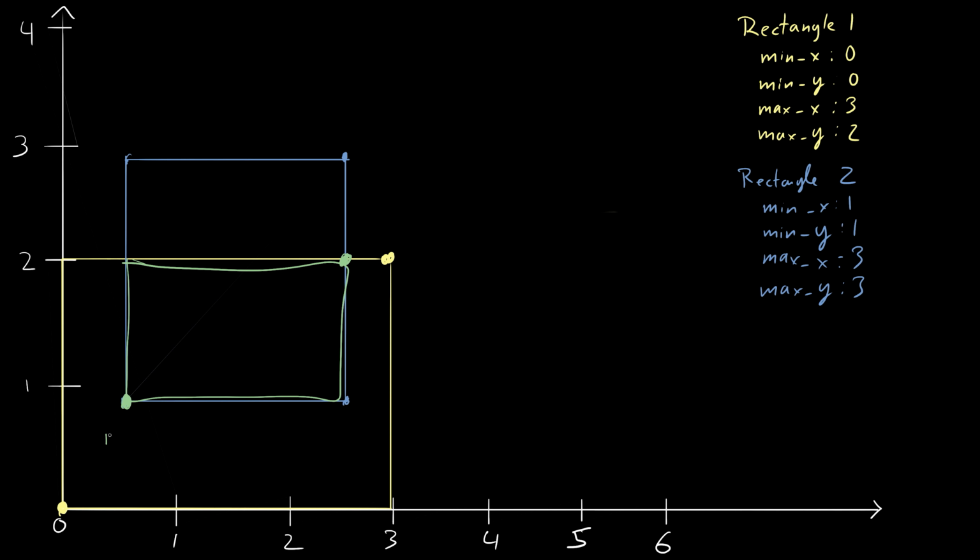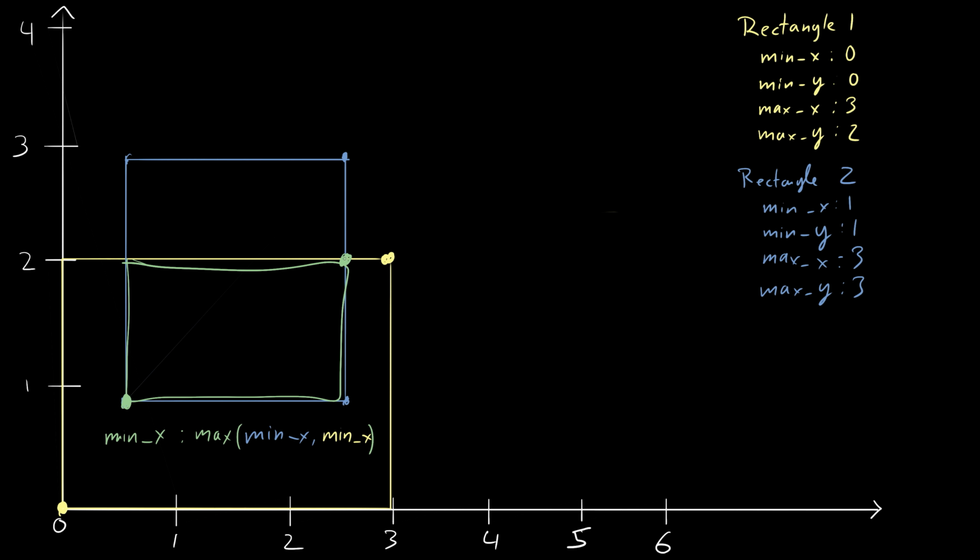The min x would be the maximum of the min x of the blue rectangle and the min x of the yellow rectangle. As you can see, the min x of yellow is 0, but the min x for the blue rectangle is about 0.5. So that's how we get the new min x for the new rectangle.